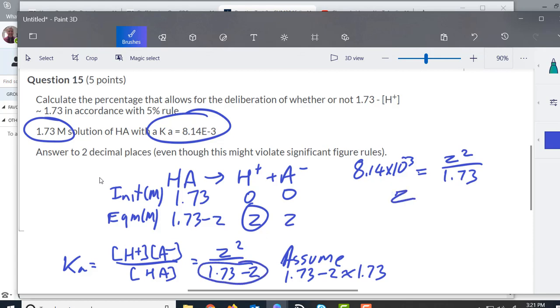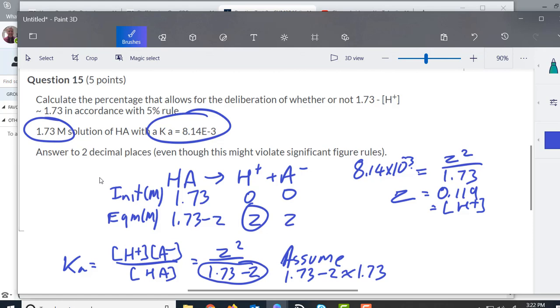We solve for Z. We do that by multiplying 8.14 times 10 to the negative 3 by 1.73 and taking the square root, and we end up getting 0.119 as our value of Z. Now that happens to equal the concentration of H plus as well, as we talked about earlier.